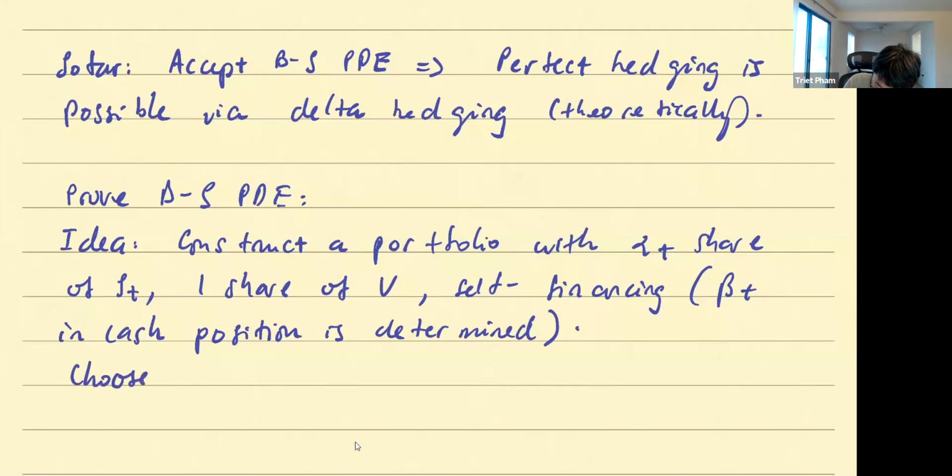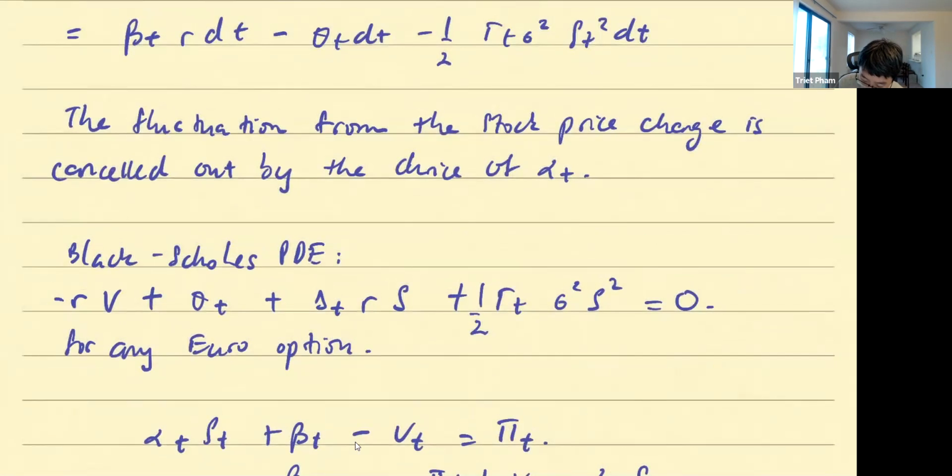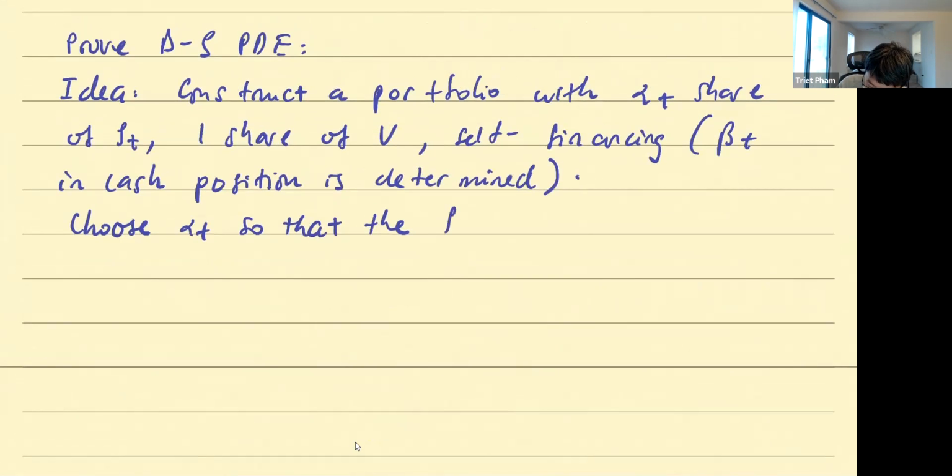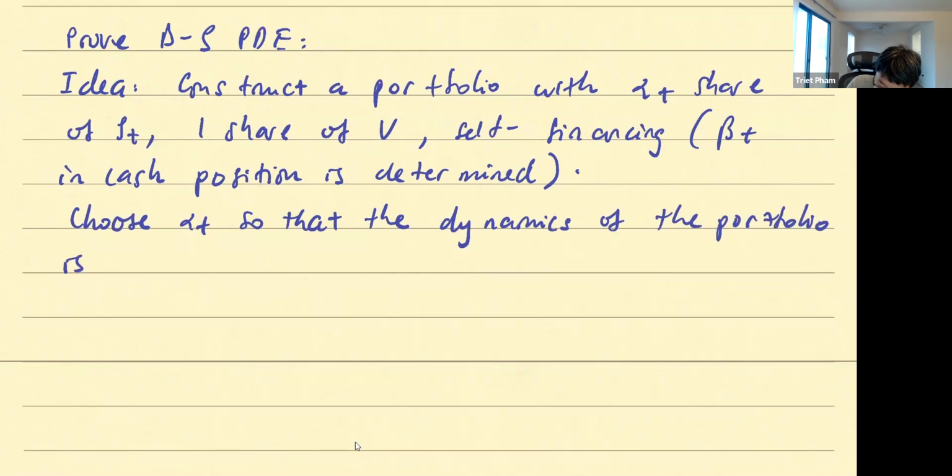we choose alpha so that the dynamics of the portfolio is without the dW_t component.